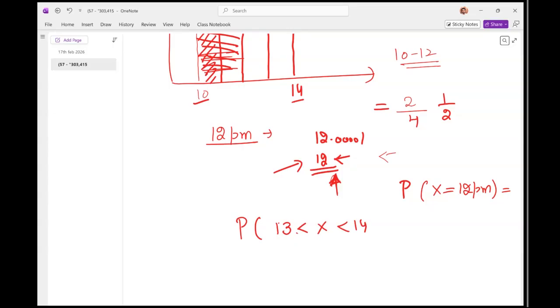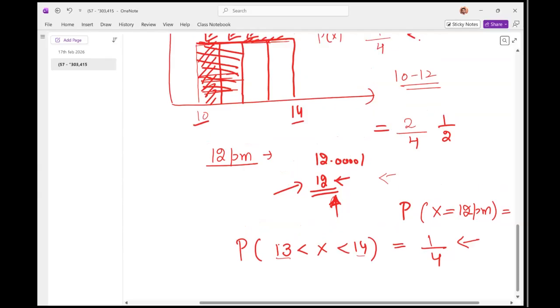We're going to put less than, not less than or equal to, because you cannot have the probability for exact 13 or exact 14. So that is 1 over 4.